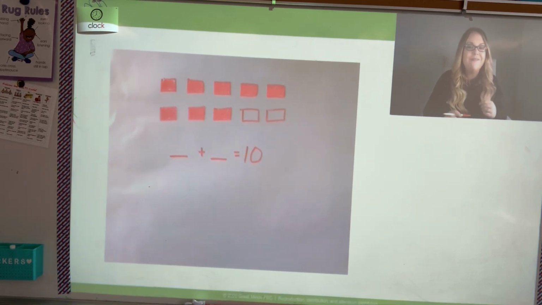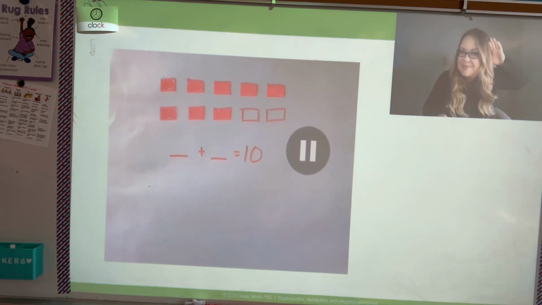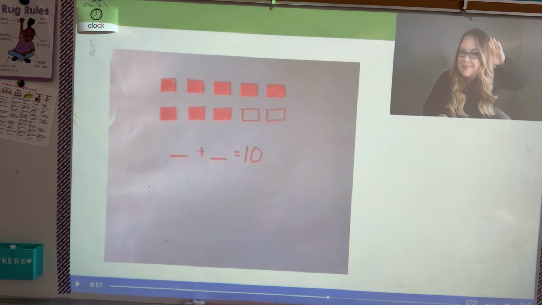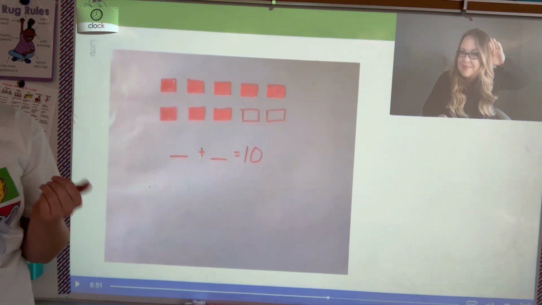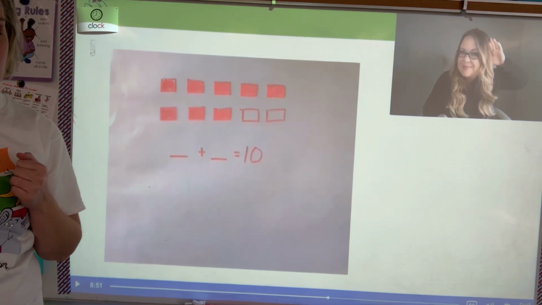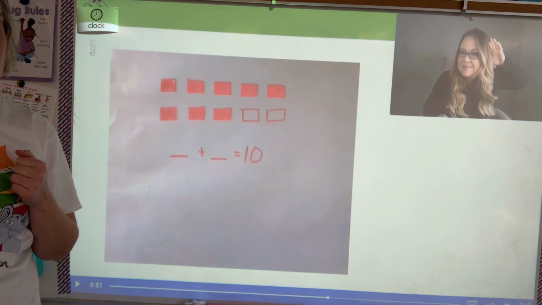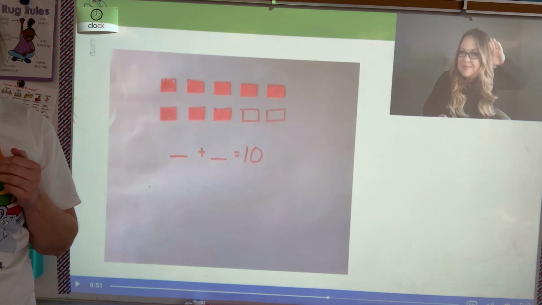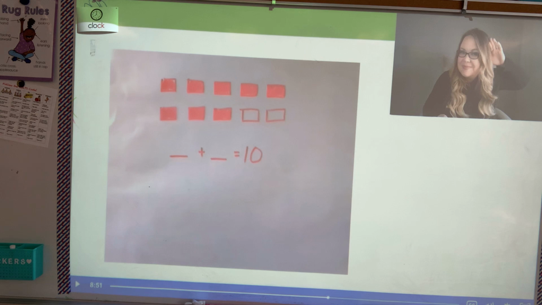So how should we fill in our blanks? So what are we going to put in there? Raise your hand and tell me, what are we going to put in these blanks? Do I have to tell 2 of the numbers? Yeah. 8 and 2.